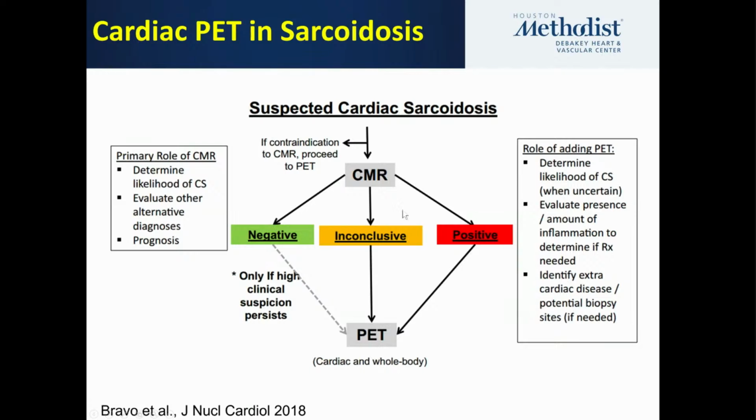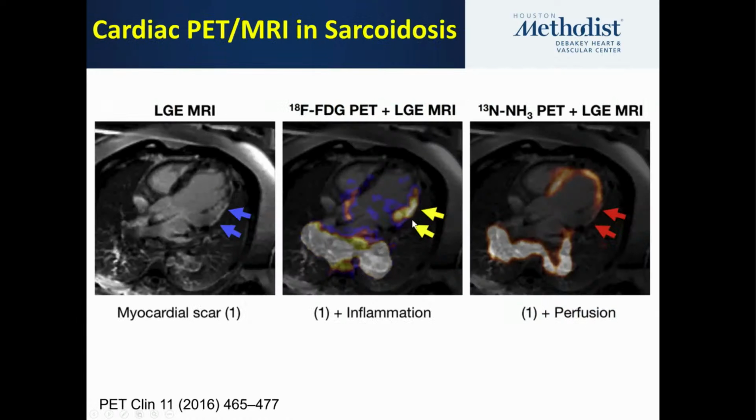And you can do it on a hybrid PET-MR, as some centers have it, or hopefully we will have the tools that will allow you to fuse it afterwards and come up with images like this. So this is a patient who has a scar in the basal inferolateral wall. There is significant FDG uptake in this area, and there is a perfusion defect with decreased ammonia uptake in that territory.